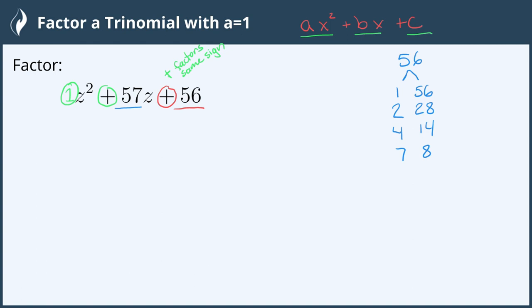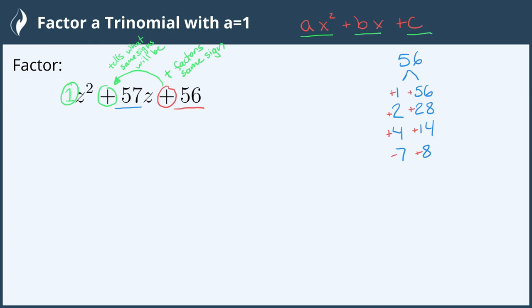And then we look to the middle sign, which tells us what the two same signs will be. Because it's positive and positive, we can fill this in with addition signs. They will both be positive.